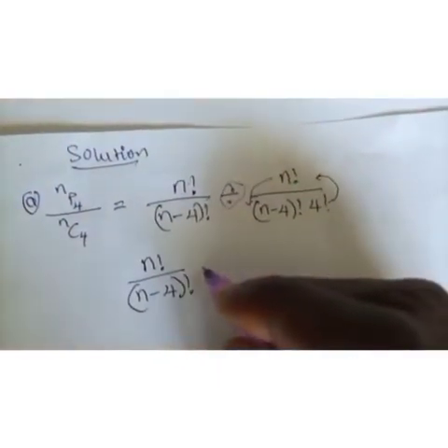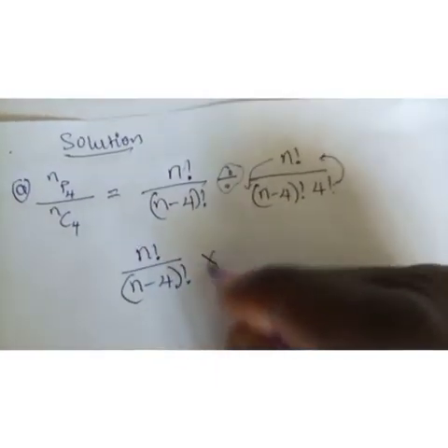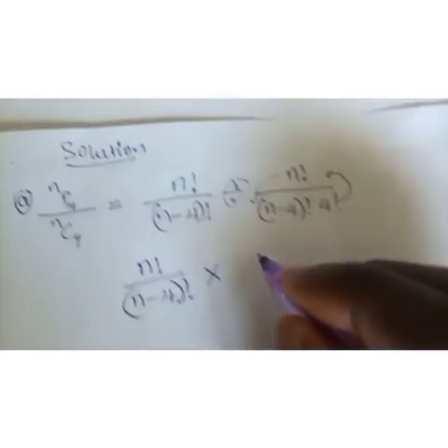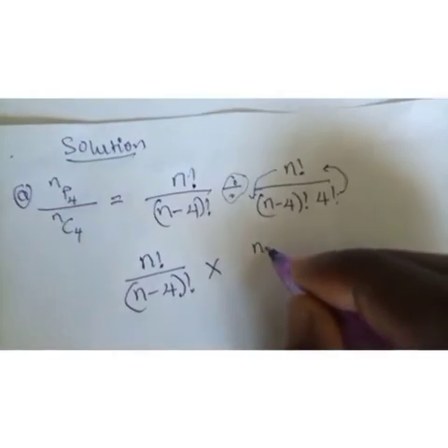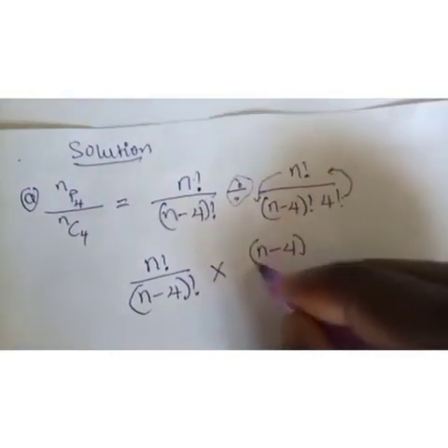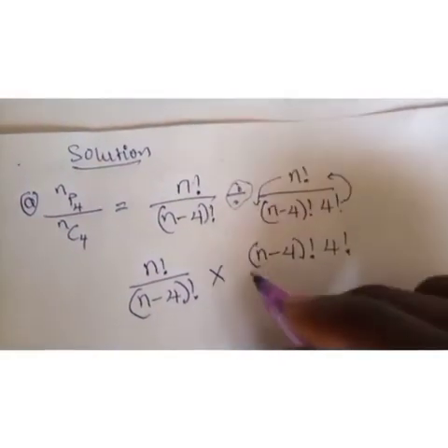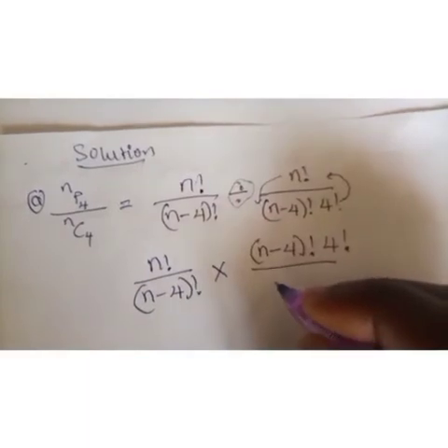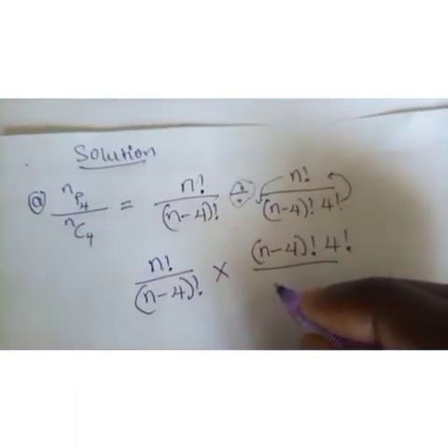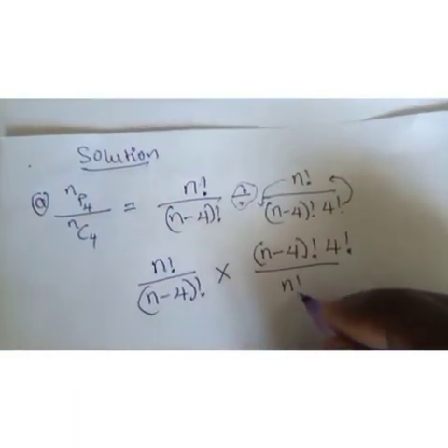So here now it will no longer be division, but it will be multiplication. We multiply it by n minus 4 factorial, 4 factorial all over n factorial.